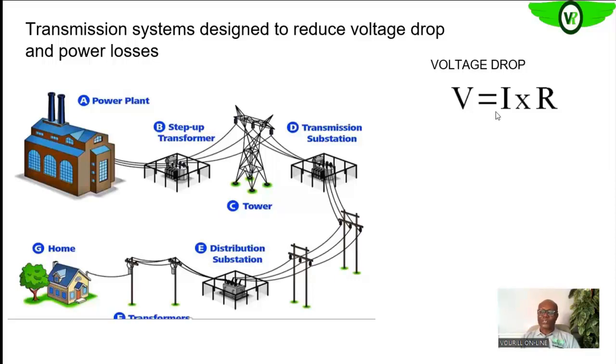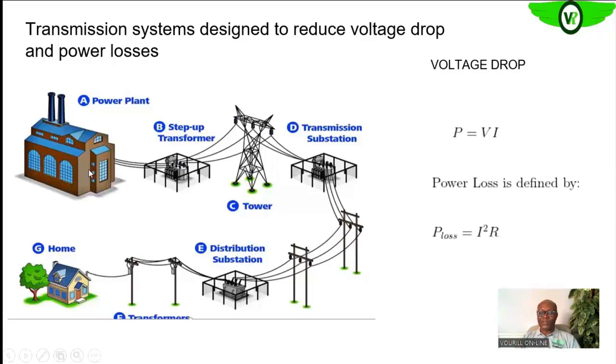So if we can reduce this I, what will then happen to the drop? The drop will drastically reduce. Are we getting it? There are several ways we can do the reduction of this, but principally, we want to reduce this by increasing the voltage supply, that is, increasing the transmission voltage, I mean to say.